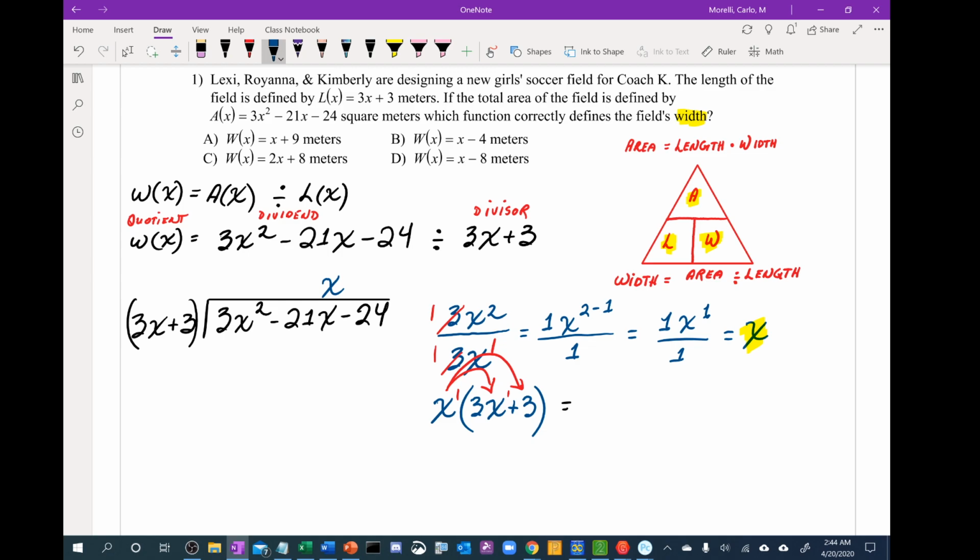x times 3x is 3x to the 1 plus 1, plus x times 3 is 3x. Okay, that simplifies a little bit. We can say 3x squared plus 3x.